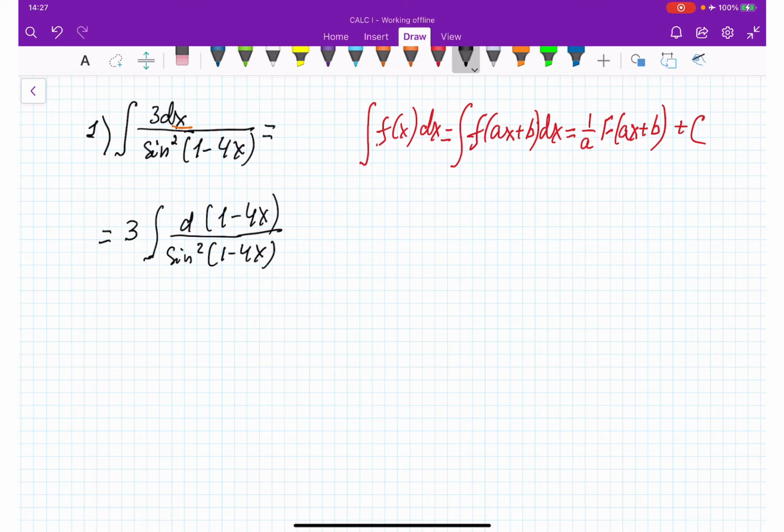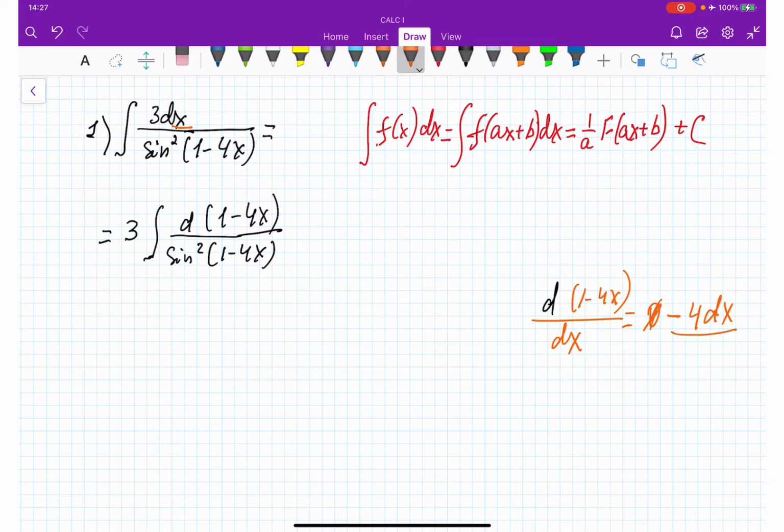Let me do it here: d of (1 minus 4x) over dx. The derivative of 1 is 0, the derivative of negative 4x is negative 4, and the derivative of x is dx, because we don't know what is under x. So the 0 is gone, and this is negative 4 dx.